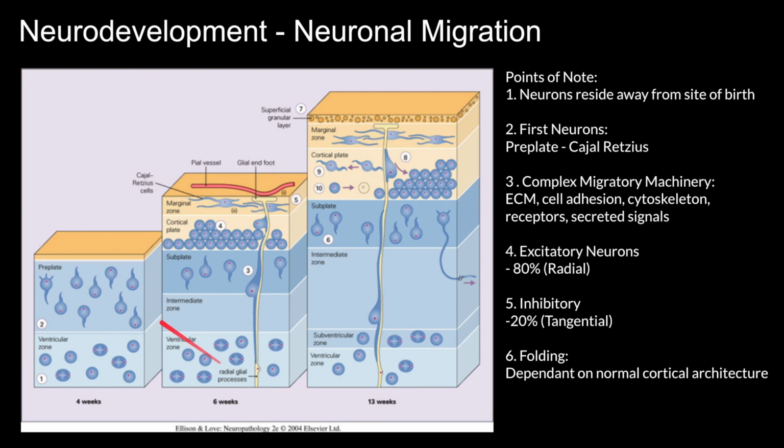So as I mentioned, you have your preplate and Cajal-Retzius cells. Once these are formed, these proliferative zones will generate what are called radial glial cells.